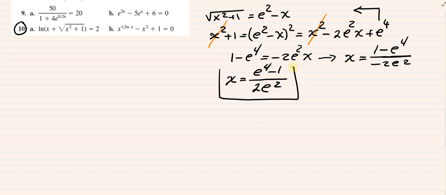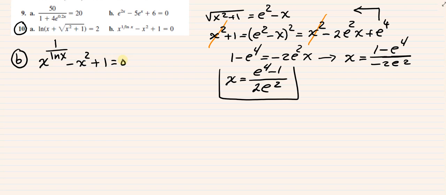Okay, we haven't done any calculus yet. It's just working with exponential expressions. Let's do part B. In part B, the expression is x to the 1 over ln of x, minus x squared, plus 1 equals 0. Now in here, let's see, what are we going to do?